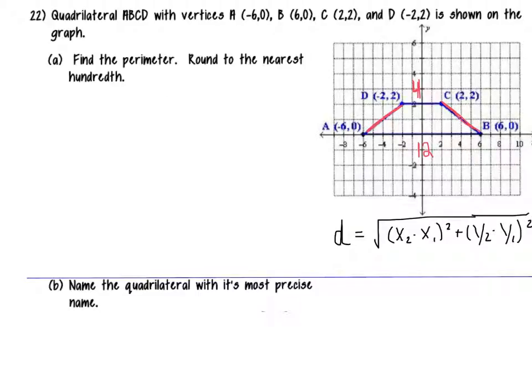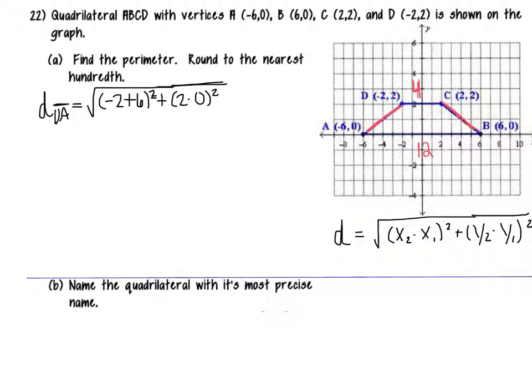All right, so I'm looking at my first point, and I'm going to find the distance of DA first. I'm going to open up my square root. I've got my second x minus my first, so -2 minus -6, so -2 plus 6 squared, plus my y's, which would be 2 minus 0 squared.